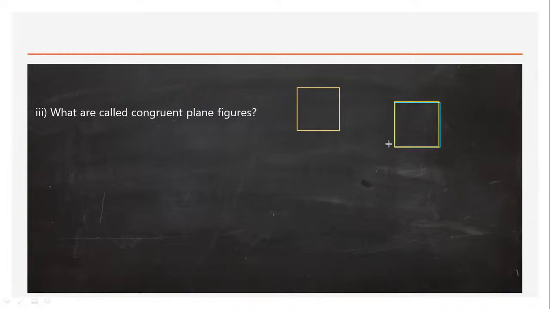The lines are on the same lines, and the angles are on each other, with no space out. So this type of figures are called congruent plane figures. A pair of plane figures which may be made to coincide is called a pair of congruent figures.